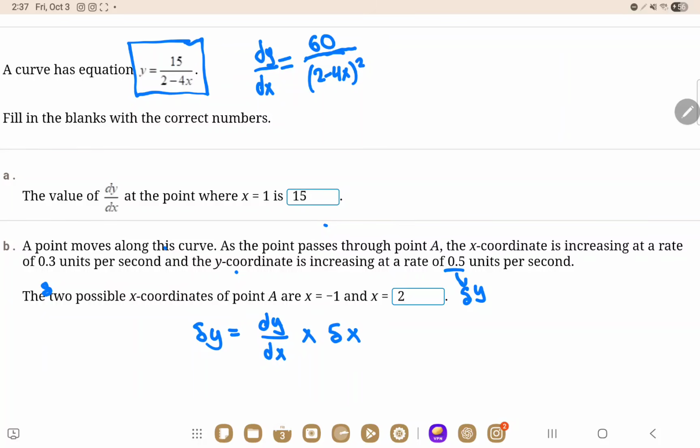Okay, so now we have our formula, and now we just need to fill in our numbers. I accidentally deleted them. Anyways, so we have our delta y being 0.5 equals 60 over 2 minus 4x all squared times 0.3.